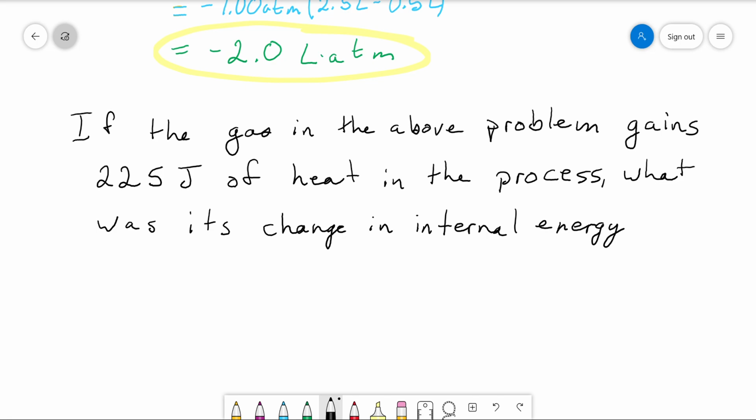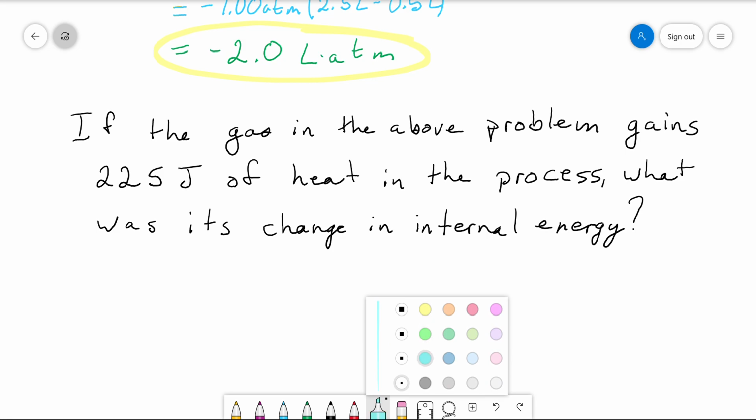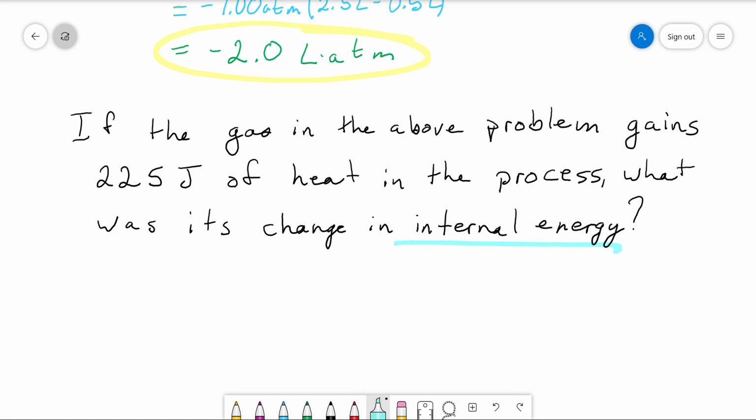All right. So there's our new question. What's the change in internal energy? That's what we're trying to find.